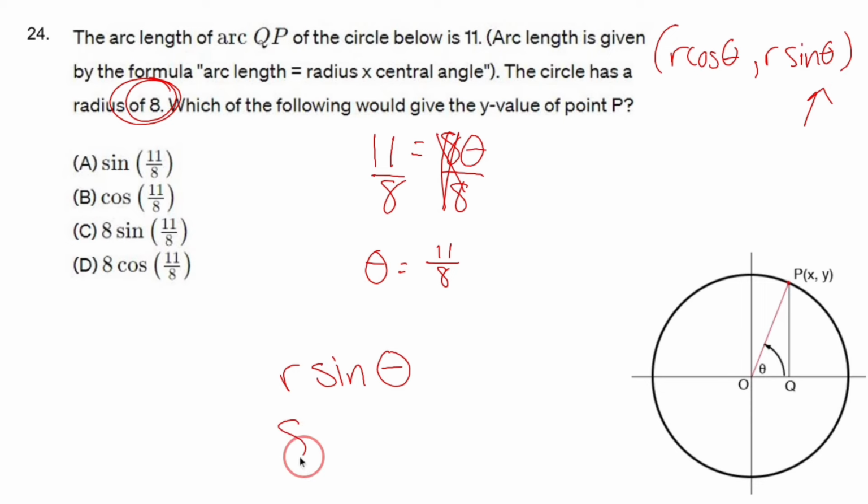R is 8. Sine is sine. Theta is 11 over 8. Our answer is C. Okay, so kind of a unique problem. You have to remember what the arc length is, which not everybody does, but there you have it. It's radius times central angle, and then the rest is up to you. Power is yours, Captain Planet. Hope this helps.